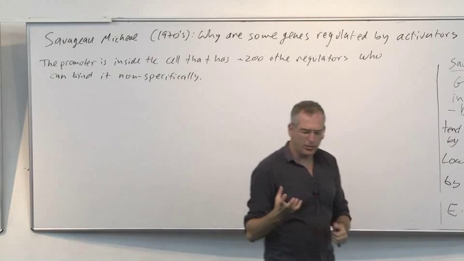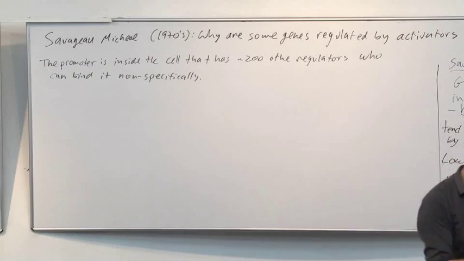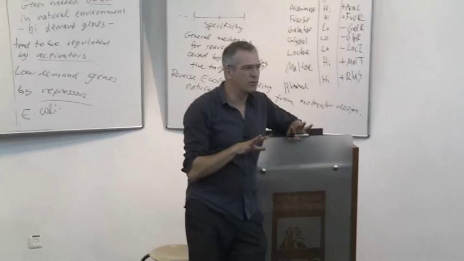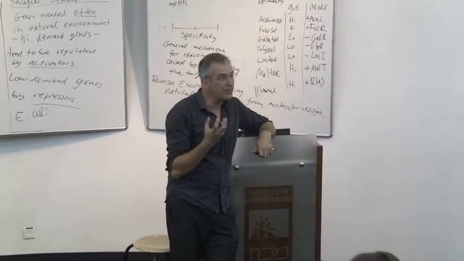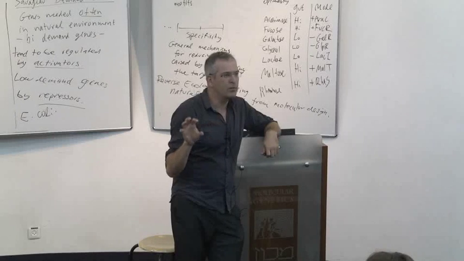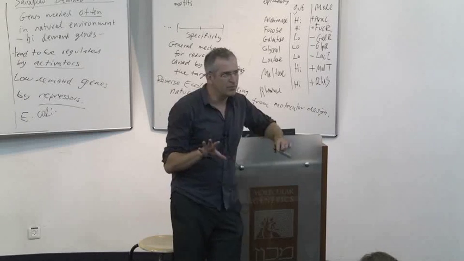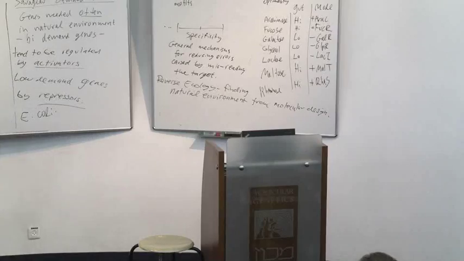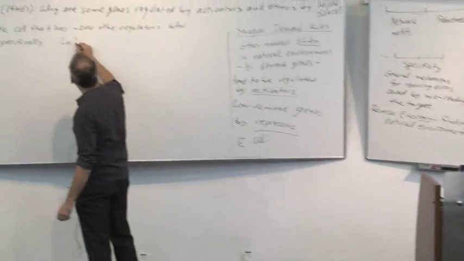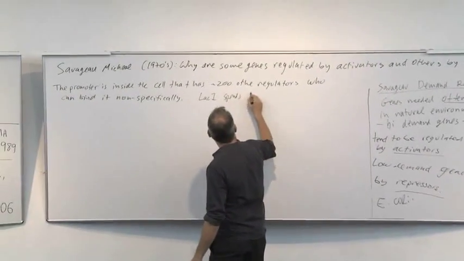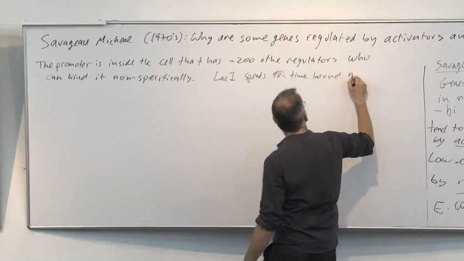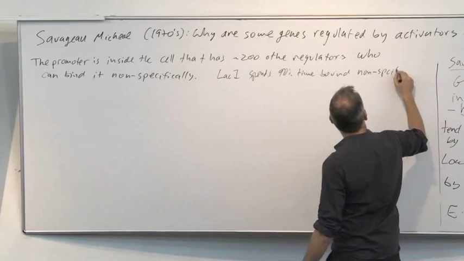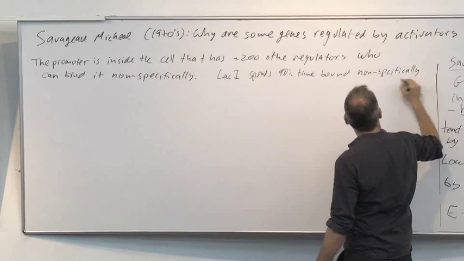The problem is that regulators bind to DNA not only to their site, but in other sites. That's a problem of specificity. For instance, the lac repressor spends 90% of its time bound to the wrong places. That's typical. Lac repressor, for example, spends 90% of the time bound non-specifically to DNA.